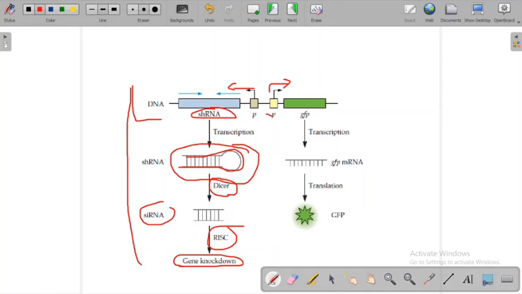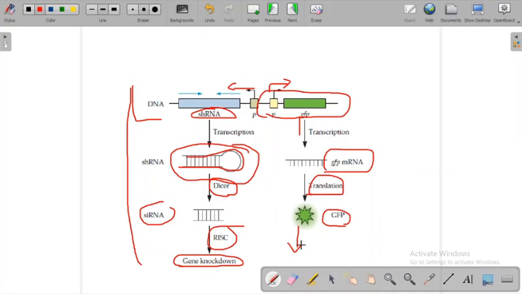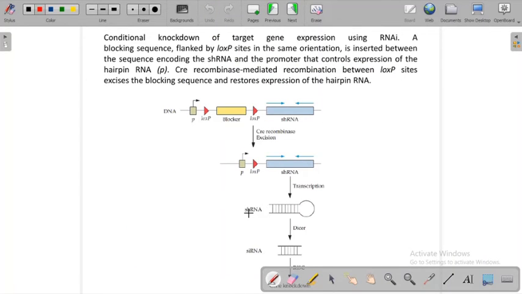We also add the GFP gene with the shRNA. GFP will be transcribed into GFP mRNA, and after translation it will produce GFP, green fluorescent protein. And there will be fluorescence. So if there is fluorescence in the cells of these transgenic animals, we can confirm that downregulation of the gene is there. I hope you understood this one.